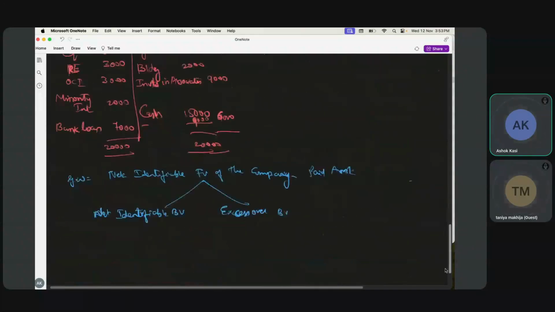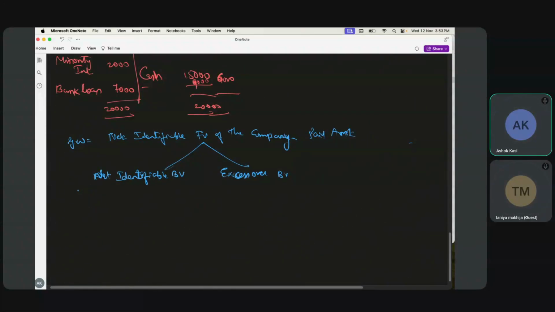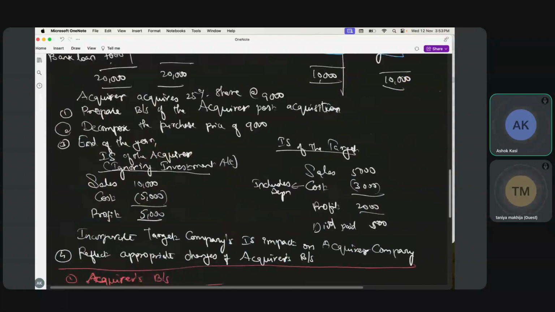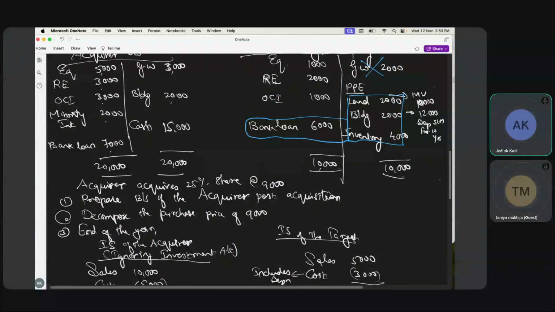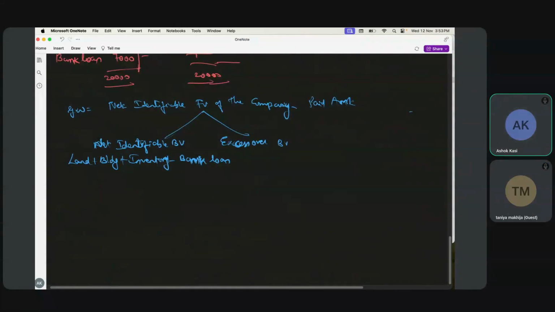So land, building, inventory minus bank loan. How much is land, building, inventory? 8,000, 2,000, 2,000, 4,000, minus 6,000.